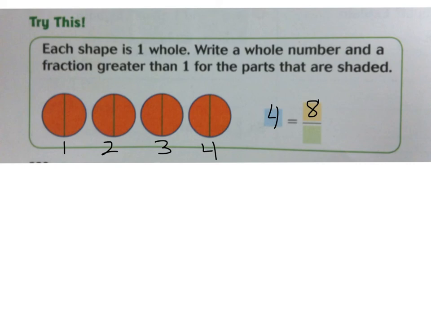Next, I want to look at what each whole is broken into. Each whole I can see is broken into 2 equal parts, or halves. So my denominator is 2, or halves. There are 4 whole circles, or 8 halves.